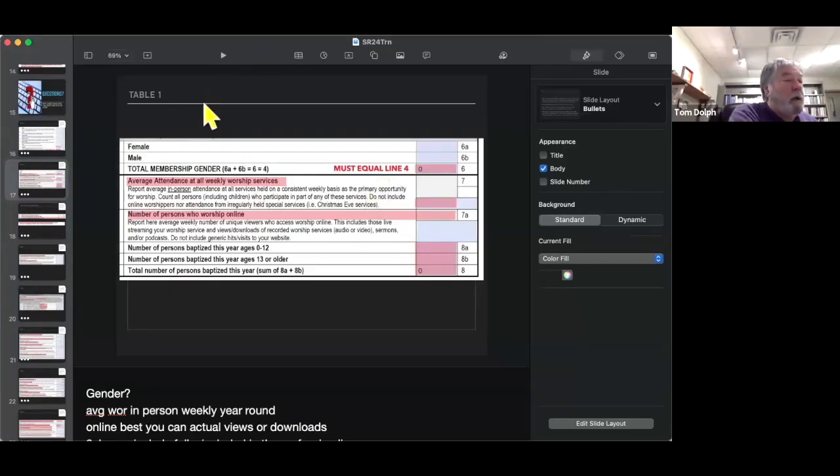You have to calculate that number. Someone in your church should be taking attendance, so to speak, every Sunday, just a head count, and keeping a record of that all year long. And you simply add up all those numbers and divide by 52, and that will give you your average.